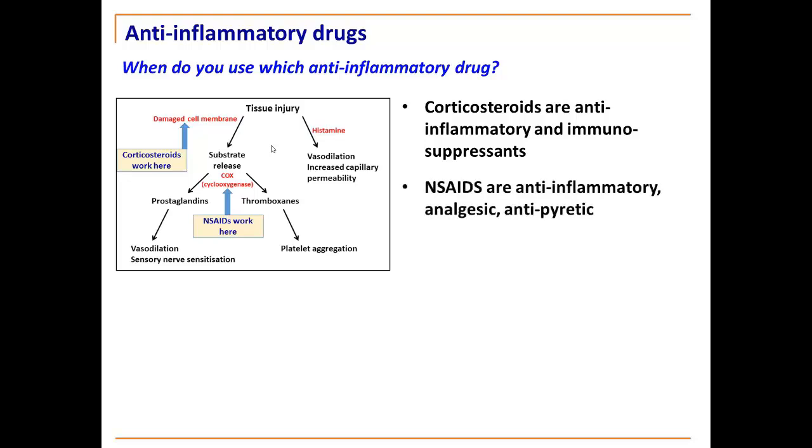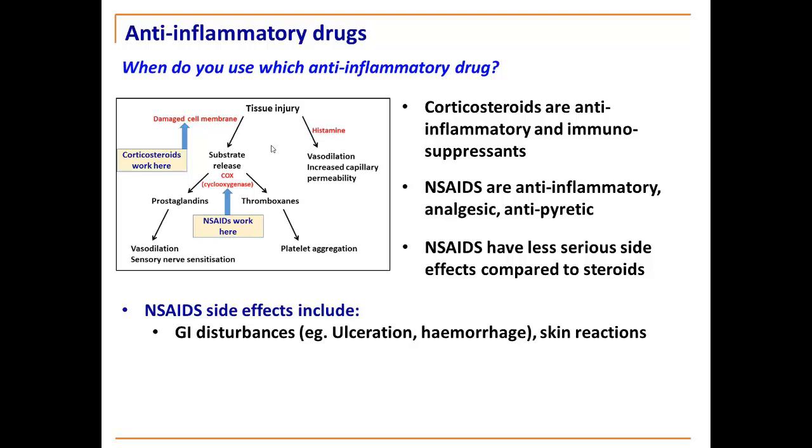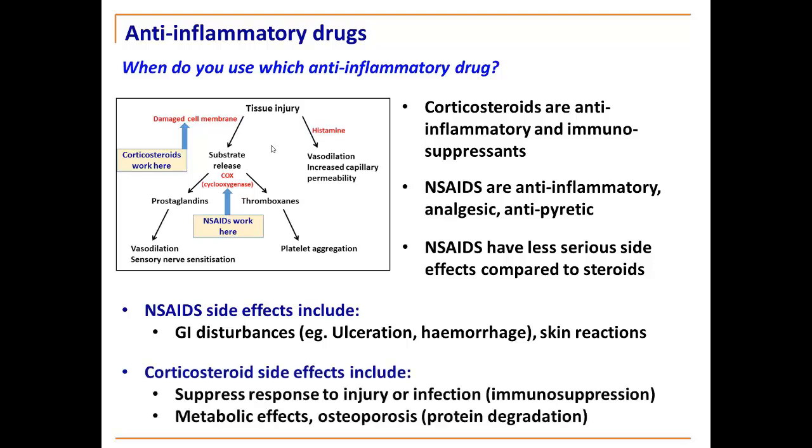The NSAIDs are anti-inflammatory and antipyretic and analgesic. They have less serious side effects compared to the steroids, but those side effects do include GI disturbances in particular, so ulcerations, but also skin reactions. And as I've said, the corticosteroids tend to have much more serious effects because they affect more systems, and so they can suppress your response to injury or infection, so immunosuppression.